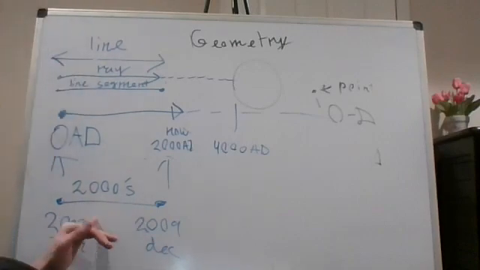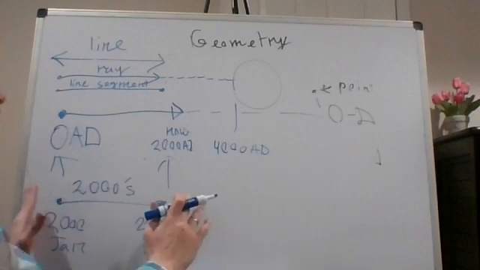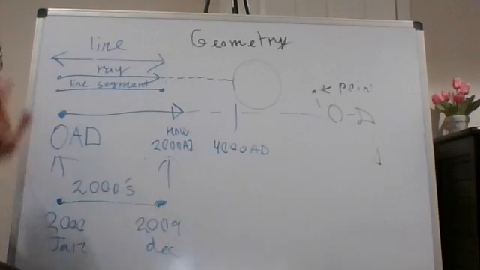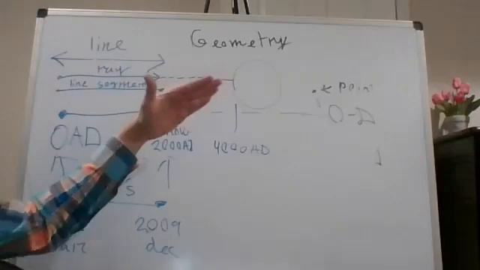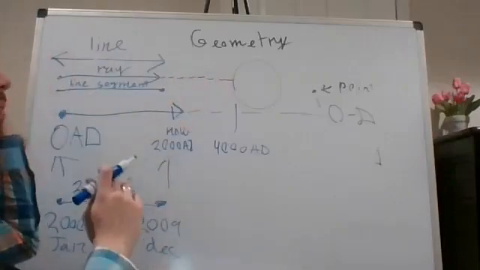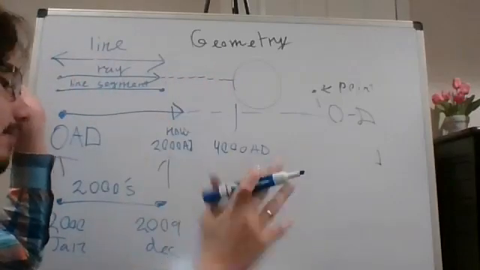So a line segment is specifically described to be temporary. So it has a beginning and an end. A ray has a beginning, but it has no end. And a line has no beginning and has no end.